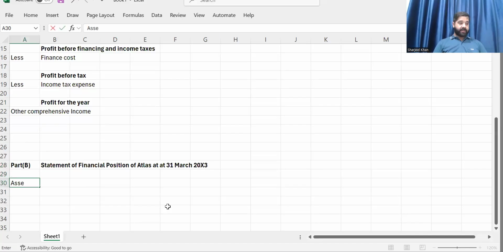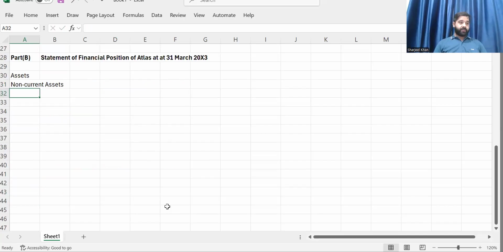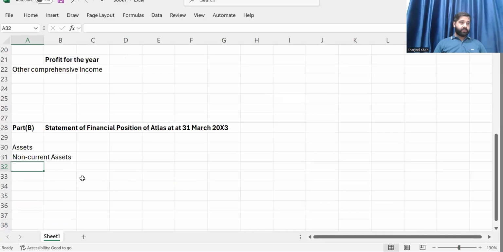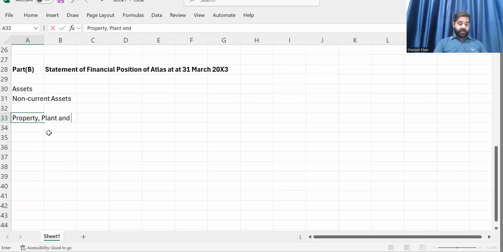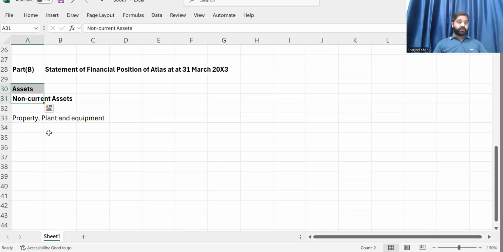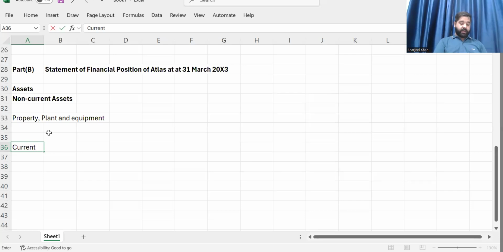It will start from assets, then non-current assets. Okay, so in non-current assets, we have property, plant, and equipment, right? Then current assets.